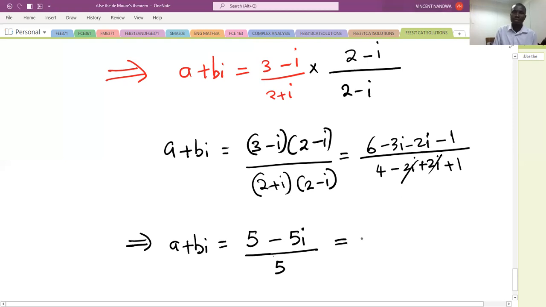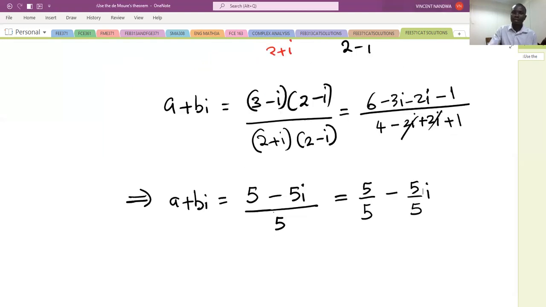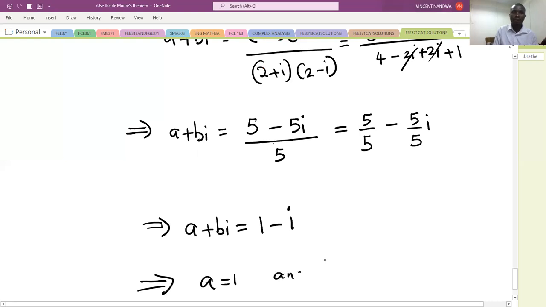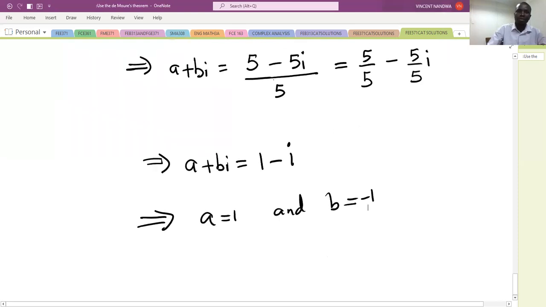This is the same as 5 over 5 minus 5 over 5I, which simplifies to A plus BI equals 1 minus I. So this means A equals 1 and B equals minus 1. That is how we can solve that question using two different methods.